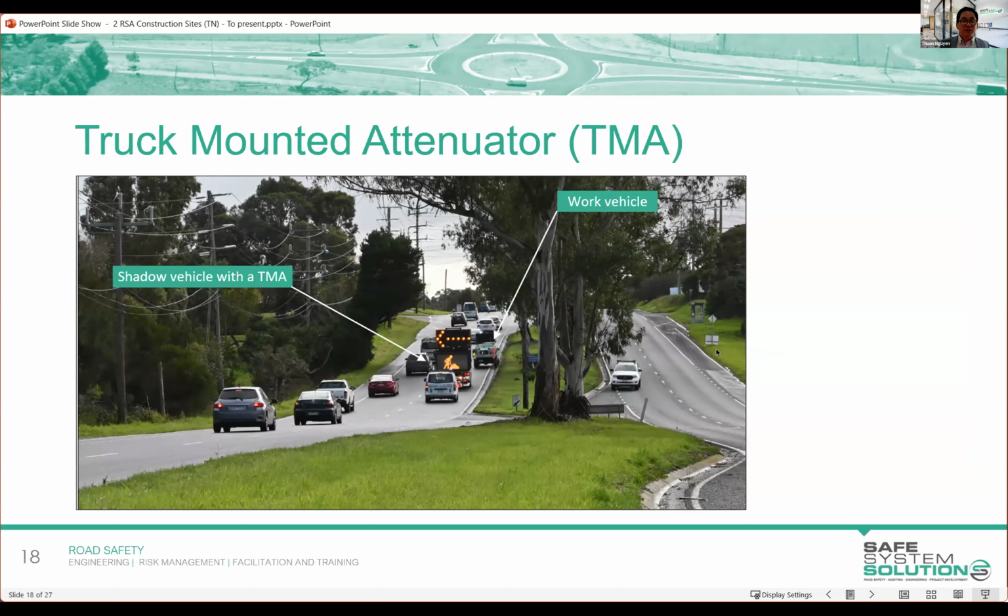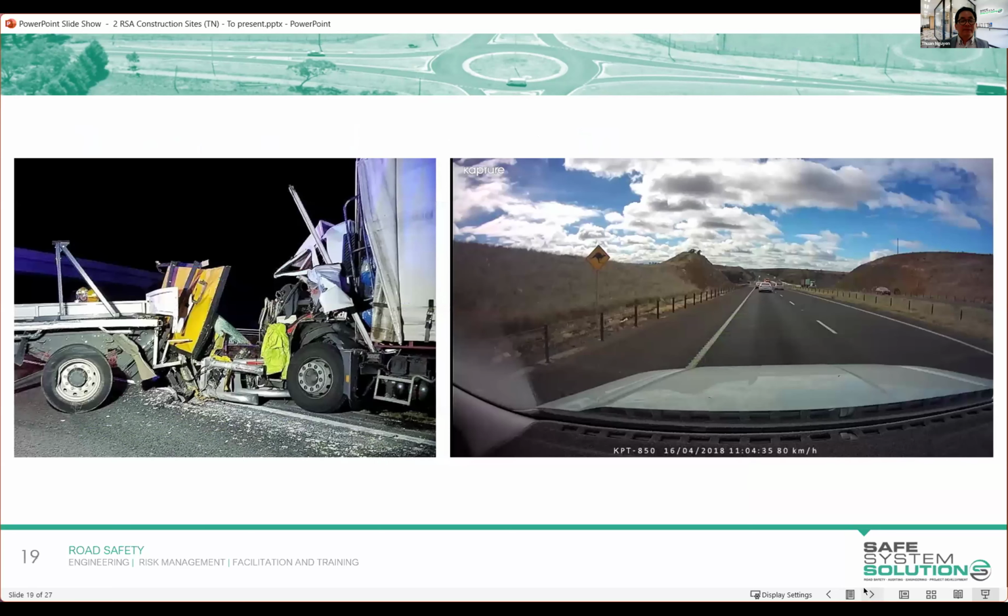But I came across a situation where even on a 70 or 80 kilometer per hour road, the use of a truck mount attenuator is really, really good. I took this photo on an 80k road to protect this work vehicle doing wet spraying. And they are quite effective in protecting both the road workers and the road users as well.